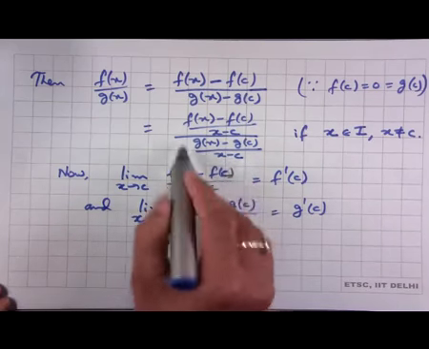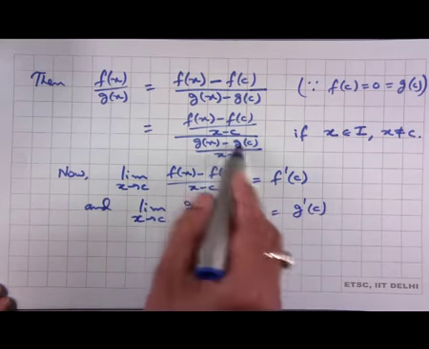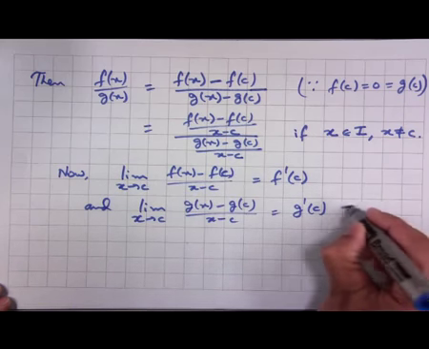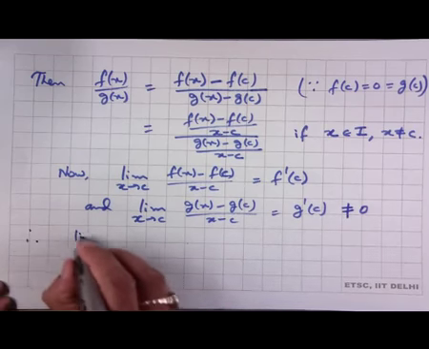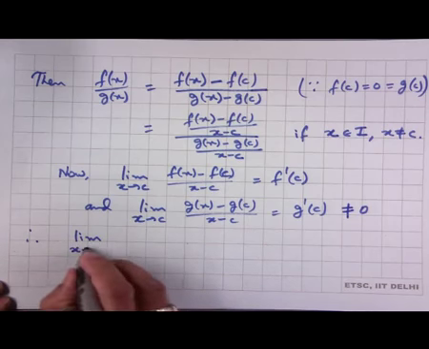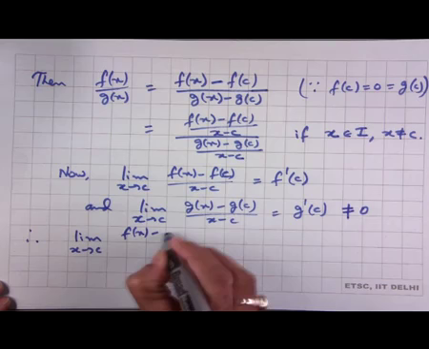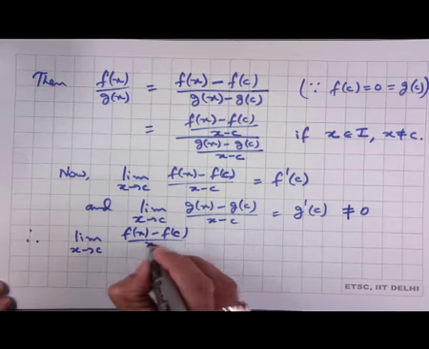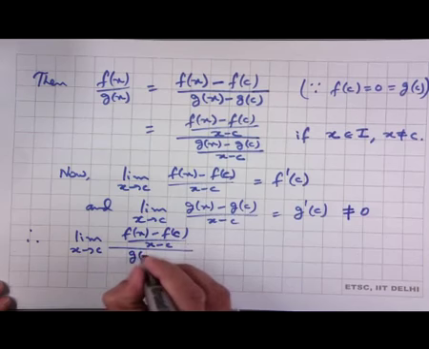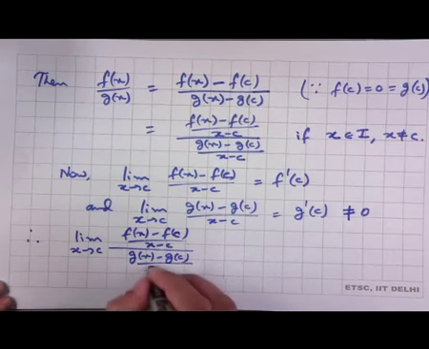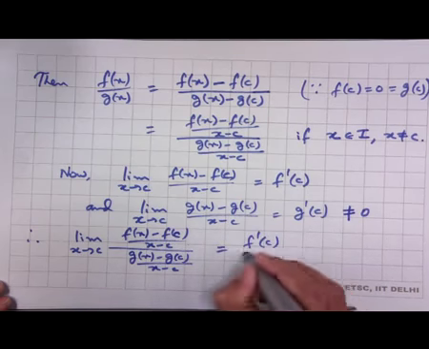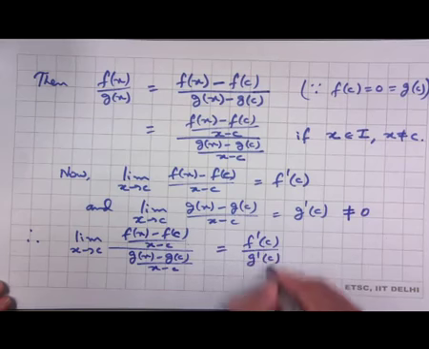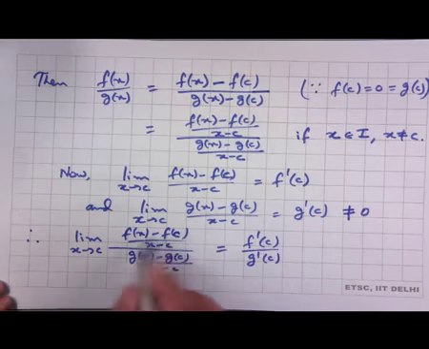Also, we are assuming that the limit of this denominator, which is g prime c, is given to be non-zero. So, therefore, limit x going to c of f x minus f c by x minus c over g x minus g c by x minus c, this is nothing but f prime c over g prime c, but this ratio is nothing but f x by g x for x not equal to c.